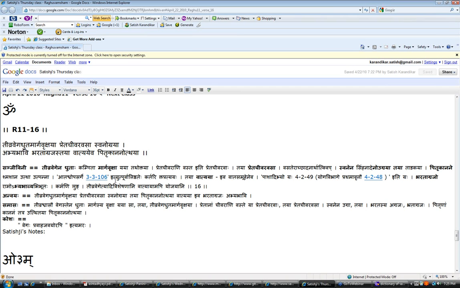So Tivra Vega will be the first bracket, and that's what Malinatha is doing for you. Once you say Tivra is qualifying Vega, Tivra means intense, also sharp, or in this case high speed. We already accounted for that, so that part is done. Then let's look at Vegena.